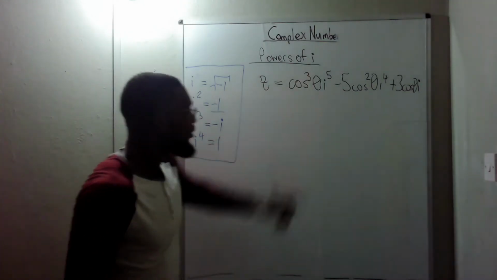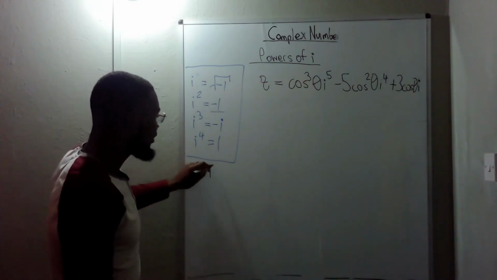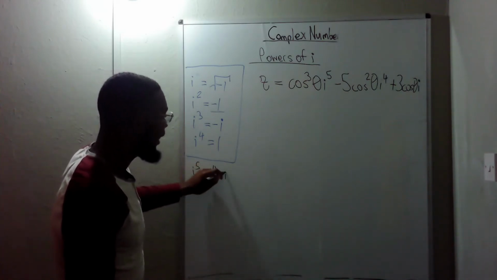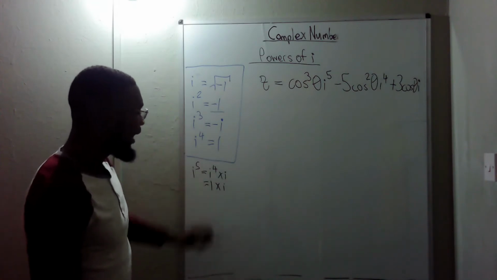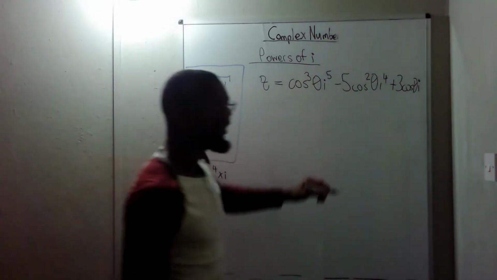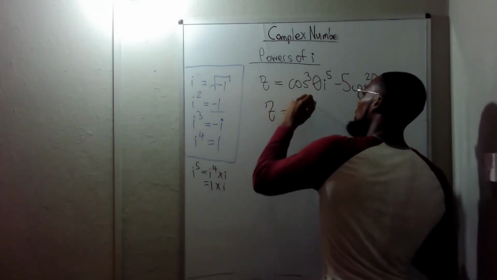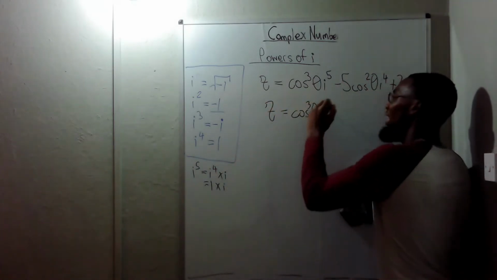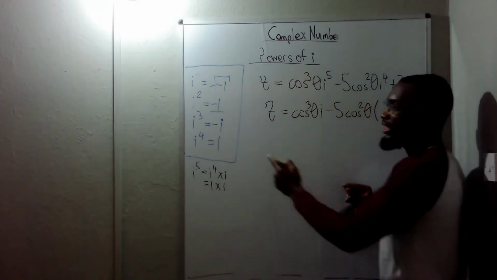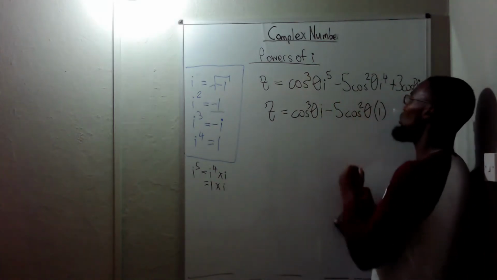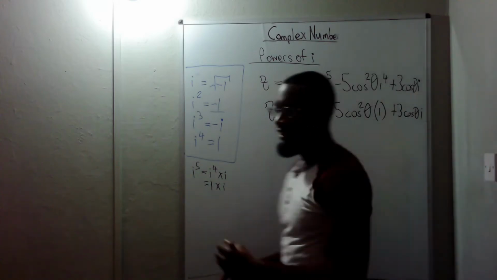So i to the fifth, bear in mind i to the fifth is equal to i to the 4 multiplied by i. But i to the 4 is 1 multiplied by i. So this is just i. So now we can say z is just cos cubed theta i minus 5 cos squared theta times i to the 4, which is 1, so put times 1, plus 3 cos theta times i.